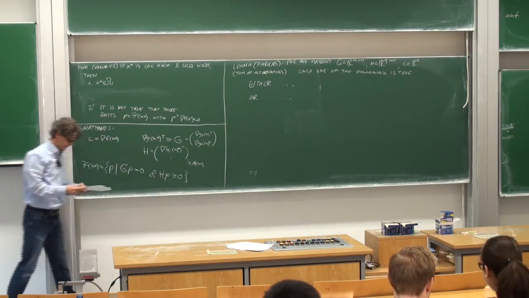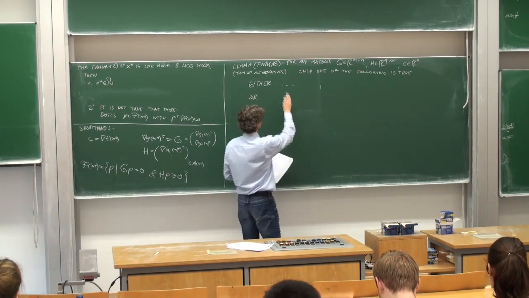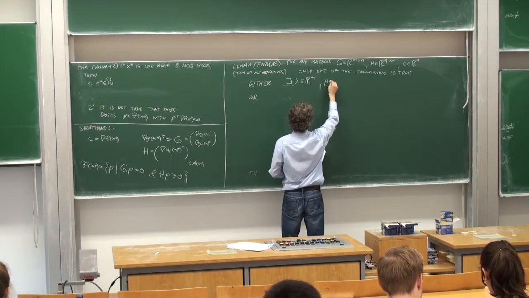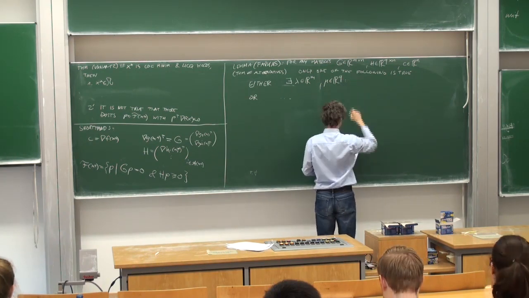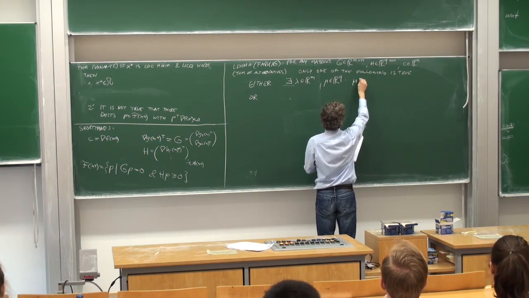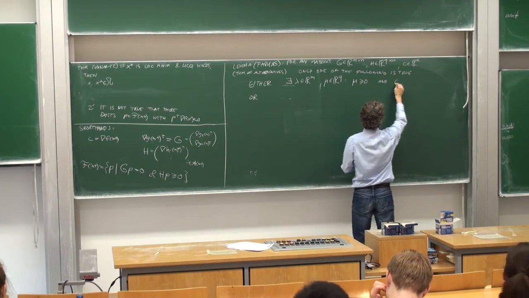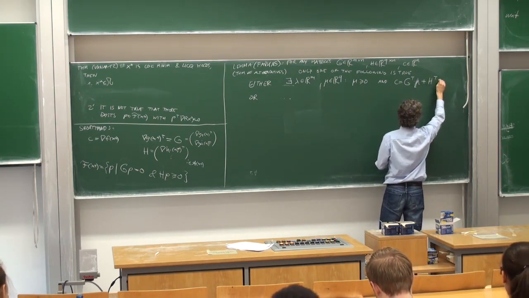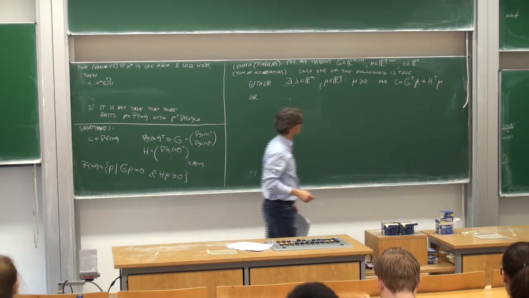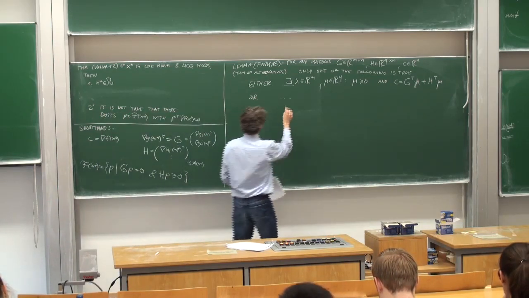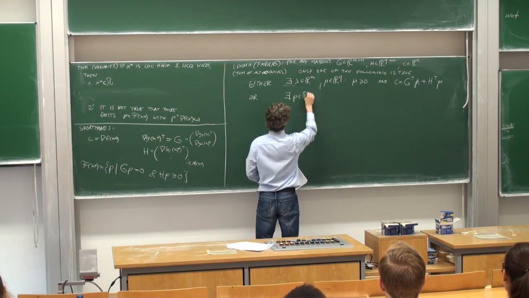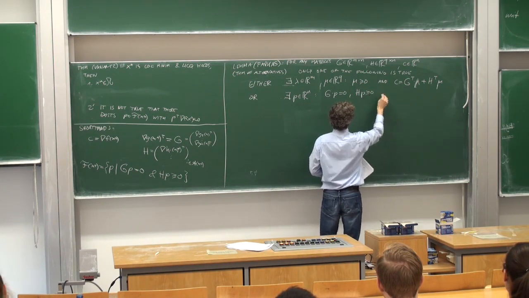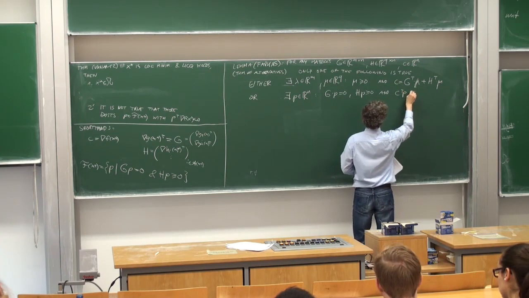What it says is that either, and now it makes a relation with lambdas and mu's, and we will prove it afterwards, either there exist lambda in R^m and mu in R^q with mu positive and C being a linear combination of the rows of G and the rows of H, each of them weighted with lambda and mu. Or some other thing is true: there exists a p in R^n which has the property that G times p is equal to 0, that H times p is bigger than 0, and C transpose p is smaller than 0.